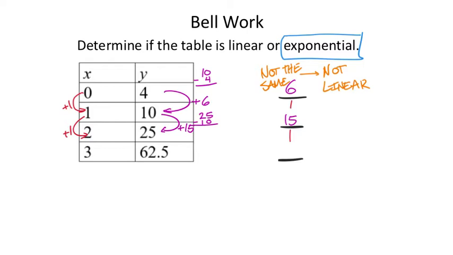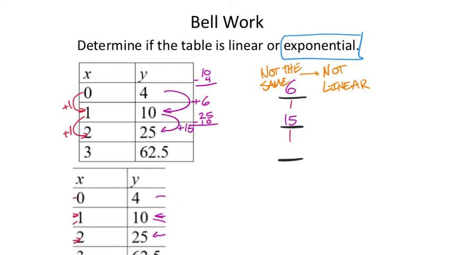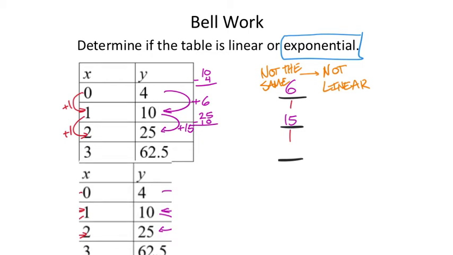And since it is exponential, let's see what is happening to the values as we go down the table. So remember, if I wanted to find out what's being multiplied, I would just take the second box here, which is 10, and divide it by the first one, 4. And then I can see that my factor here is 2.5, which means that if you were to take 4 times 2.5, you'd get 10.